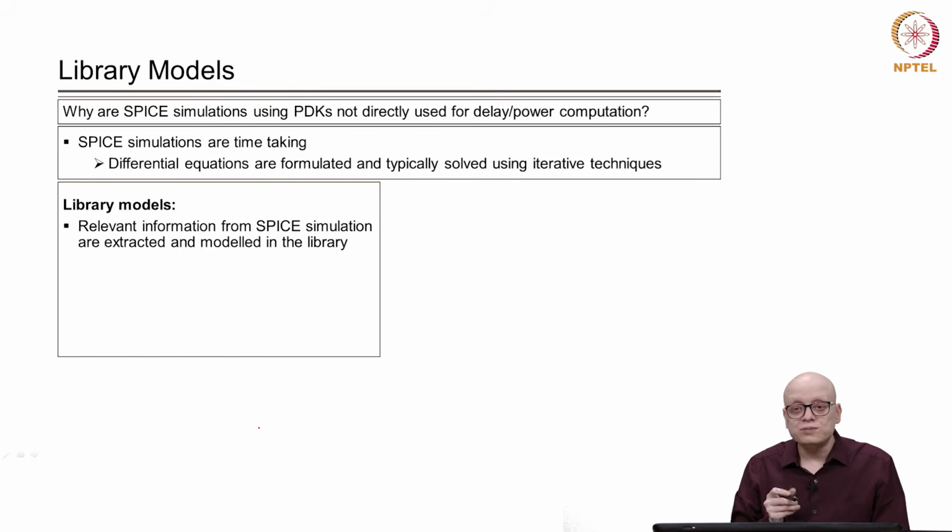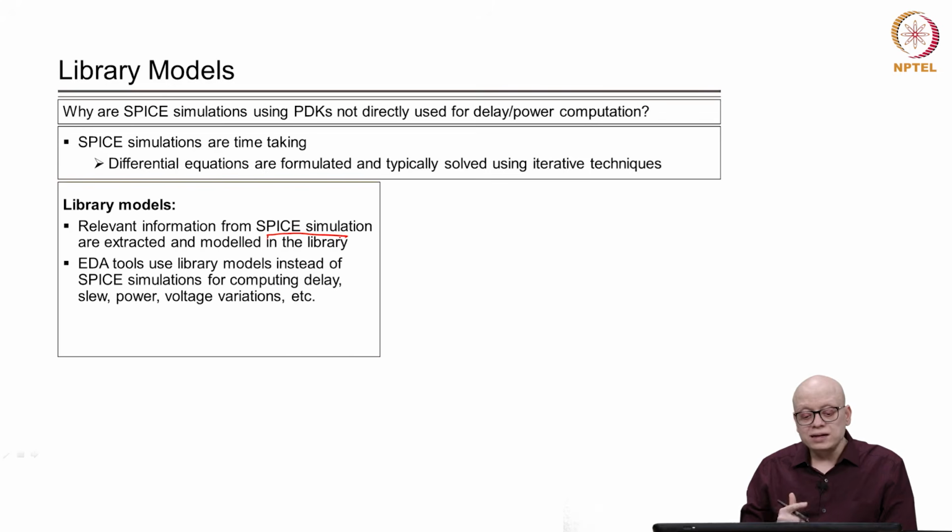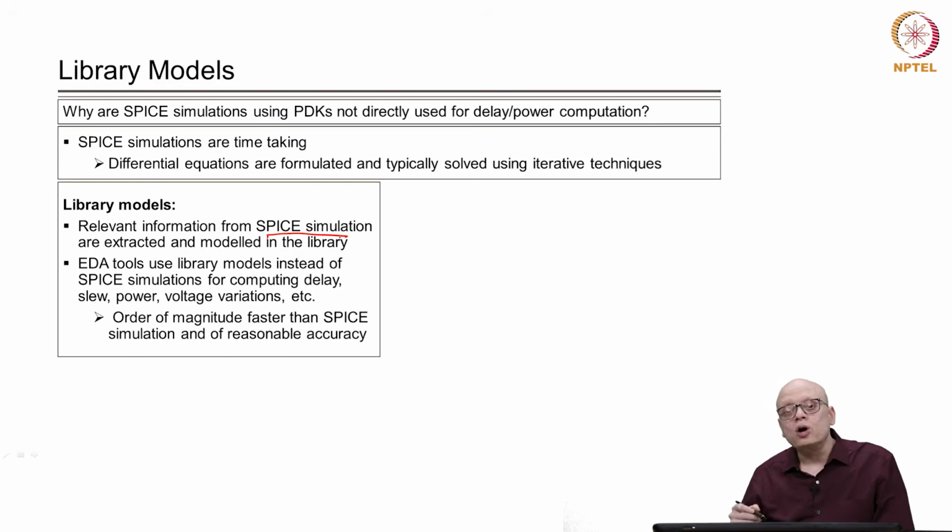What we do is extract information that we gathered for individual cells during spice simulation and model it in the library, as we have seen in the library characterization step. The EDA tools use library models instead of spice simulation for computing delay, slew, power, voltage variations, etc. And these are orders of magnitude, maybe 100 or 1000 times, faster than the runtime if we directly use spice simulations.